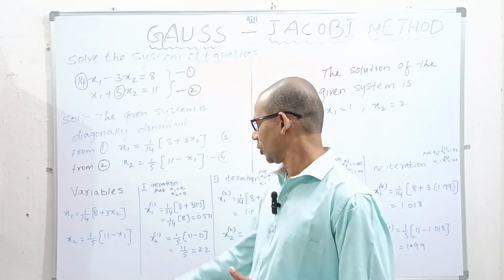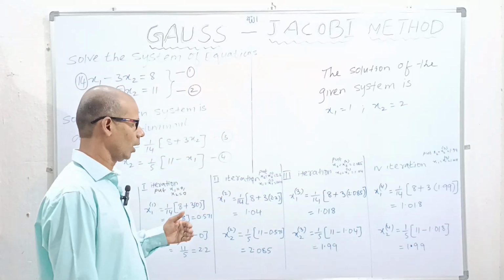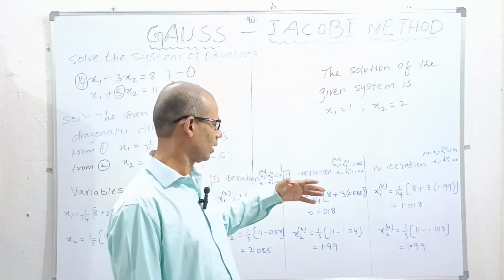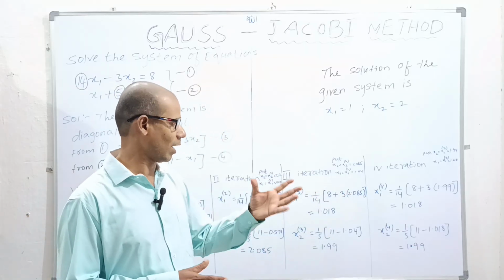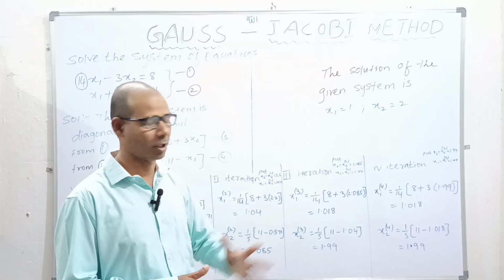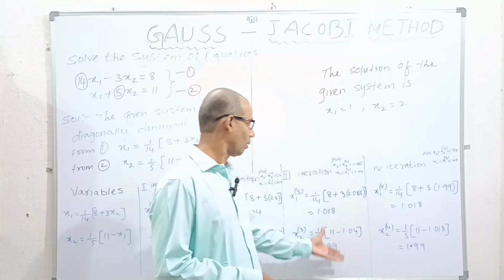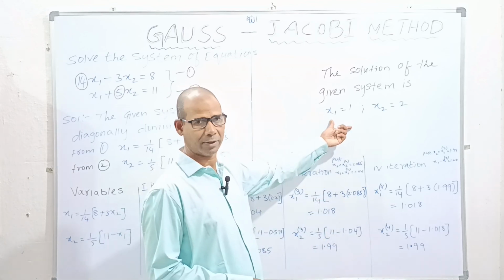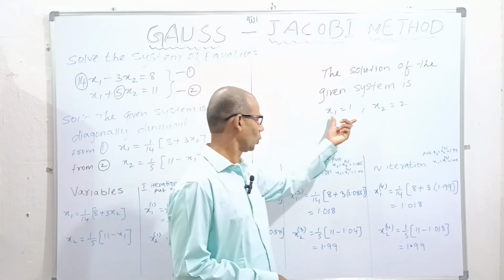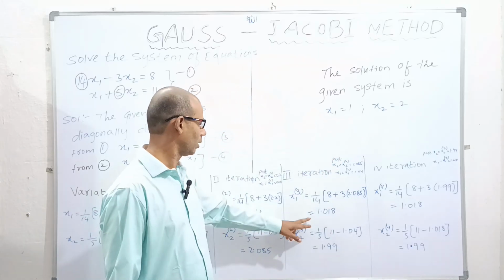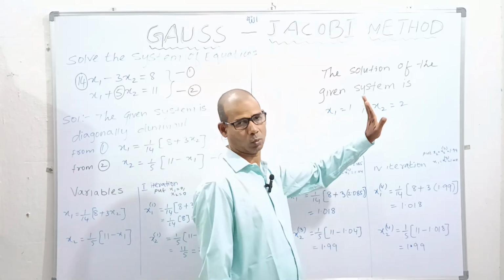We will be doing the iterations until we get the same values for the same variables in consecutive iterations. If we get the same values, then we will stop the iteration and write down the solution for the given system to the nearest value. So it is rounded. Here x1 is rounded to 1 and x2 is rounded to 2, right?